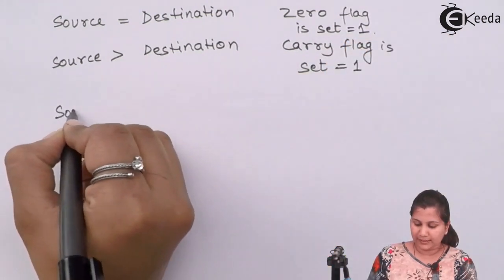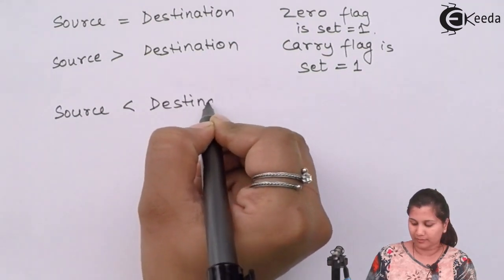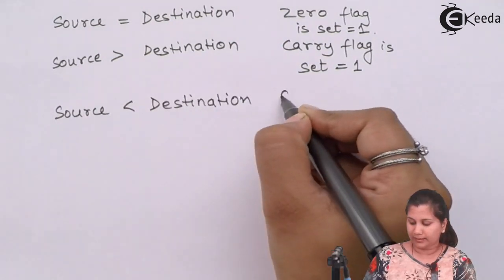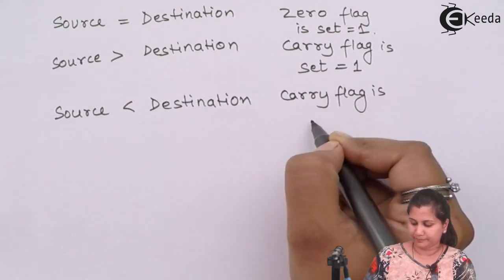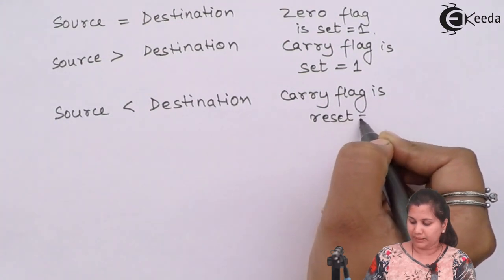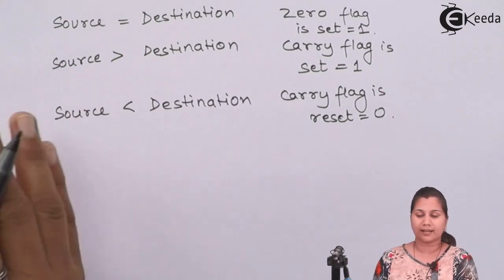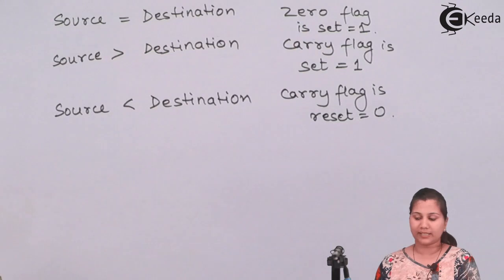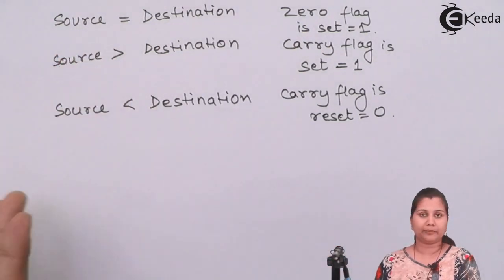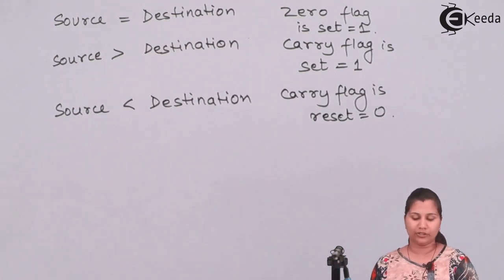And if the source is less than the destination, then the carry flag is reset, meaning it will be 0. So this comparison is done by checking the zero and the carry flags. If they are set or reset, then the interpretations are made whether the contents are equal to each other, or greater than or less than each other.